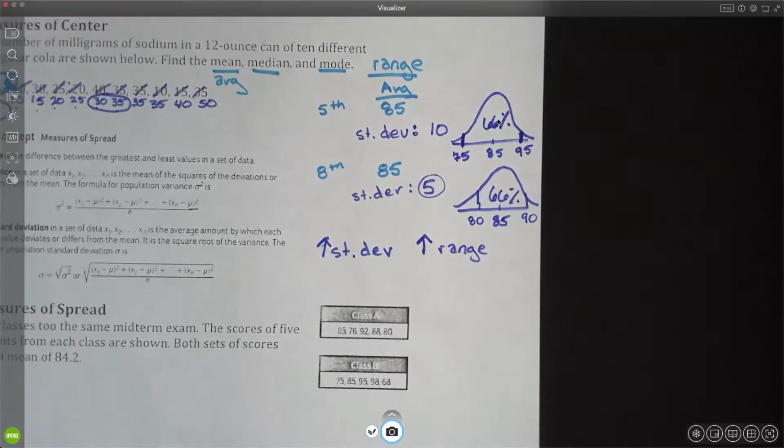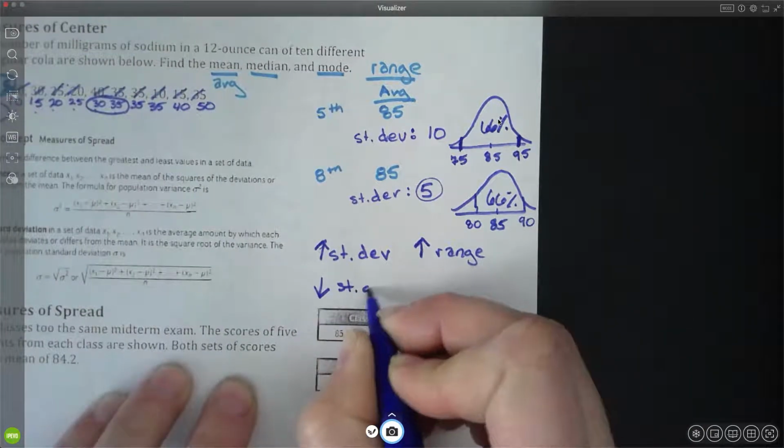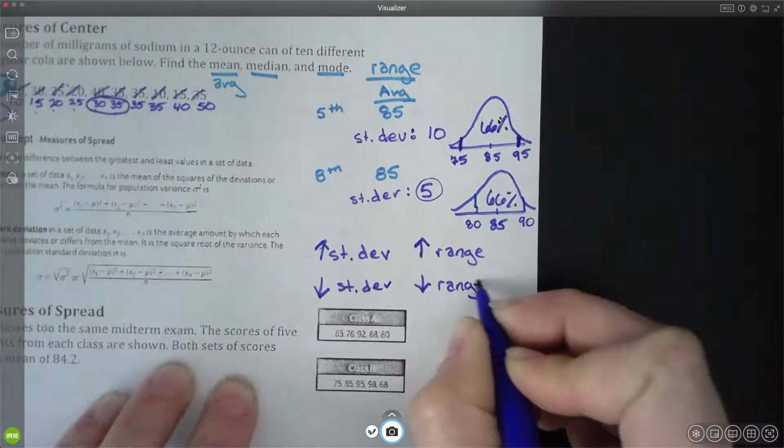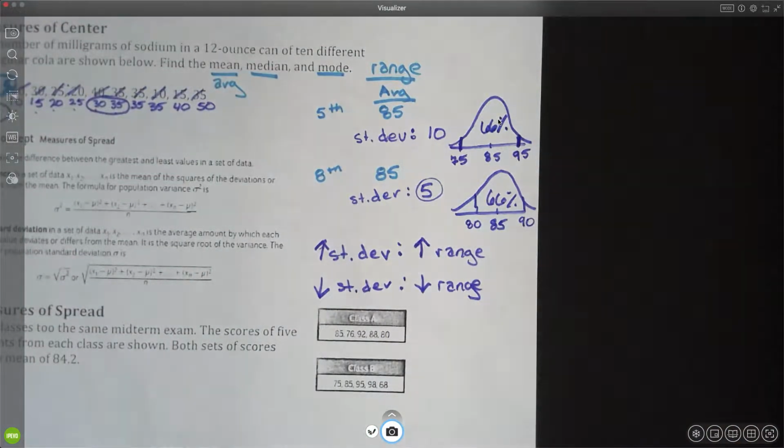Okay? If my standard deviation is little, like 5, my range is going to be smaller. Does that make sense? I'll put those kind of together. Like this goes with that, this goes with that, okay? Standard deviation and range. So they both are directly related to each other. Up the standard deviation, up the range. Does that make sense? Okay?